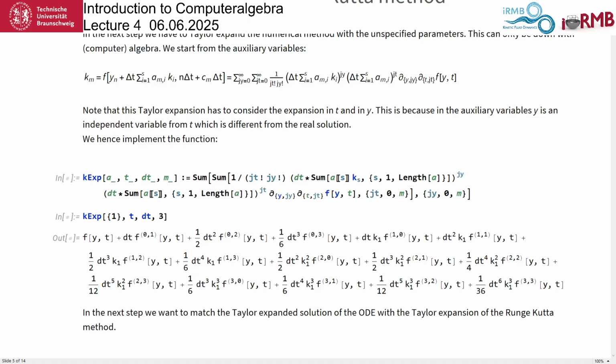Taylor expansion, expanding the Runge-Kutta method. In the next step, we have to Taylor expand the numerical method with the unspecified parameters. This can only be done with algebra, because it's an algebraic function. We start from our auxiliary variables. Our auxiliary variables km, you see, is this kind of function here.